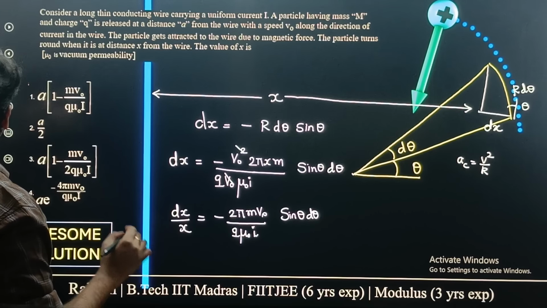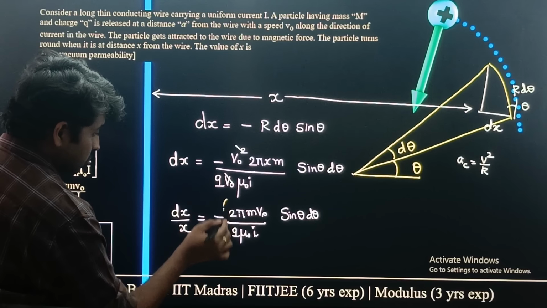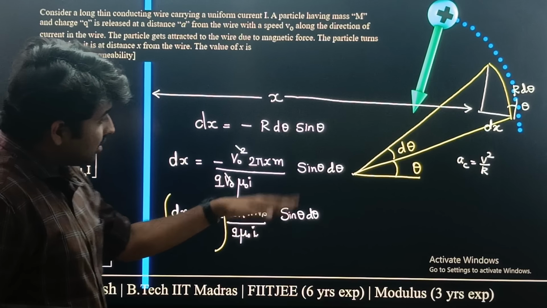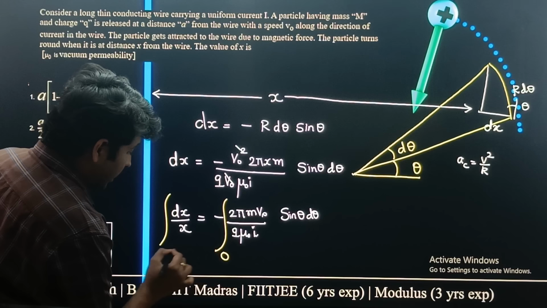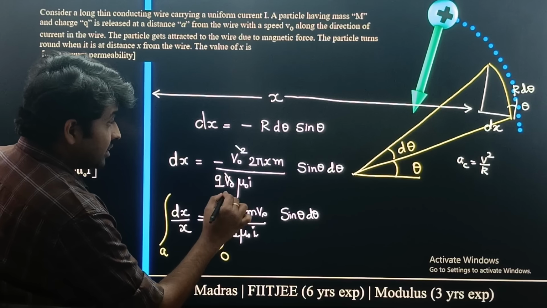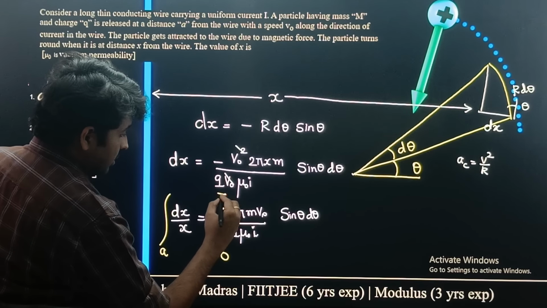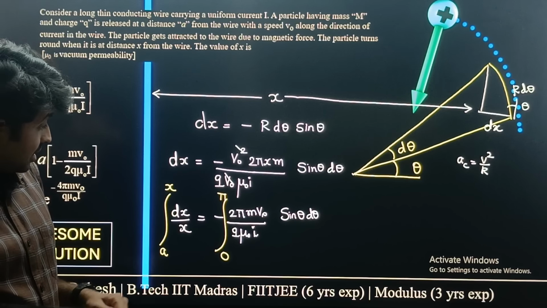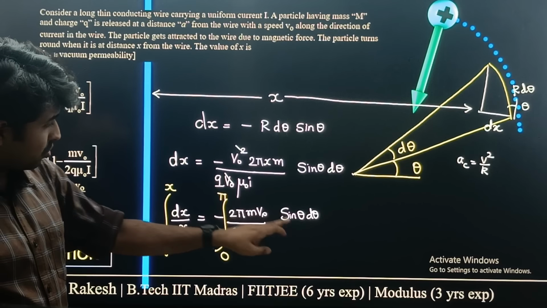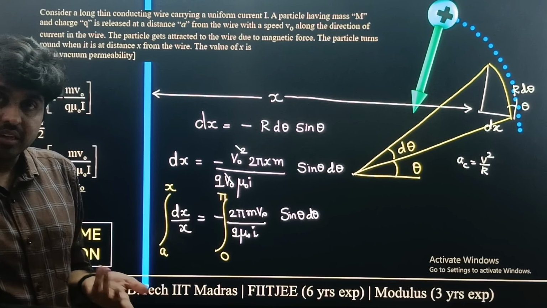And limits. See, when theta was 0, what was x? It was a, right? When theta is pi, what is the x distance? Anyways, this is a constant. The integral of sine theta d theta from 0 to pi is 2.